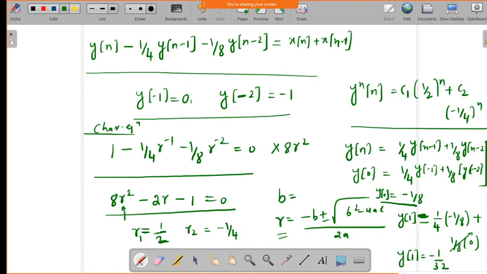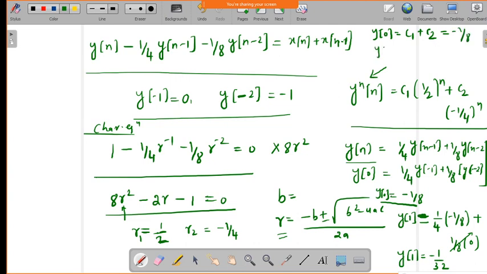Okay. So from this equation you are getting y of 0 as well as y of 1. Now put the values n equal to 0 and 1 in this equation, you will get two equations to solve for C1 and C2. If you put n equal to 0, y of 0 is equal to C1 plus C2, and y of 0 is minus 1 by 8.